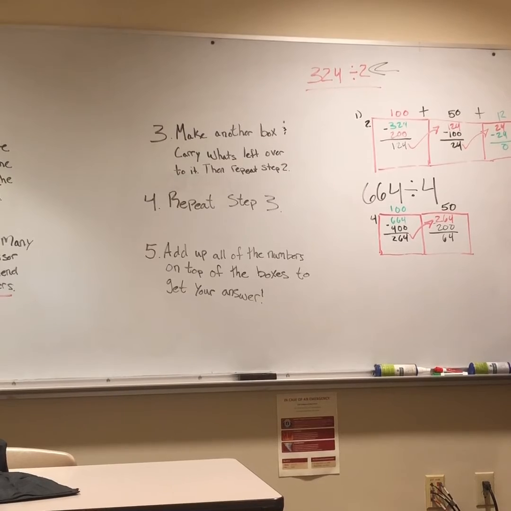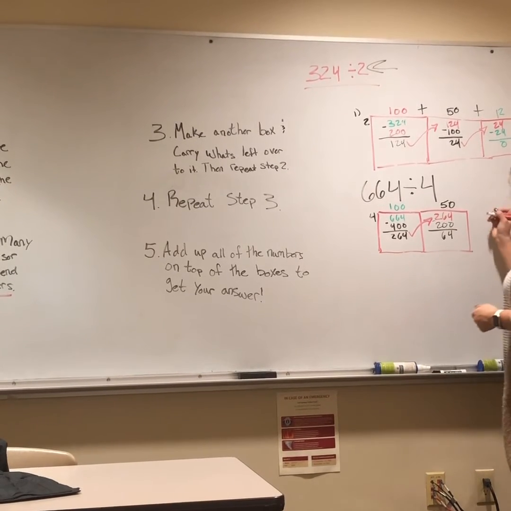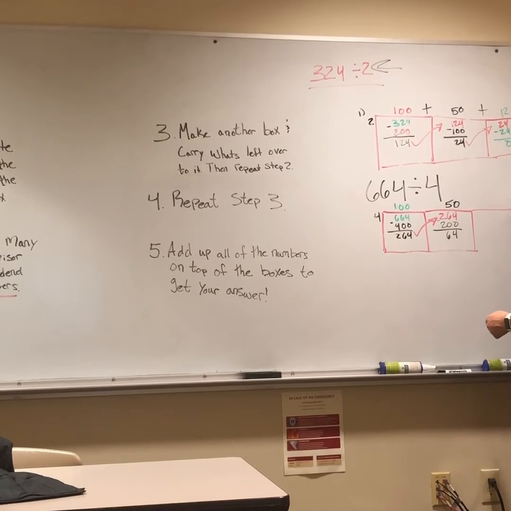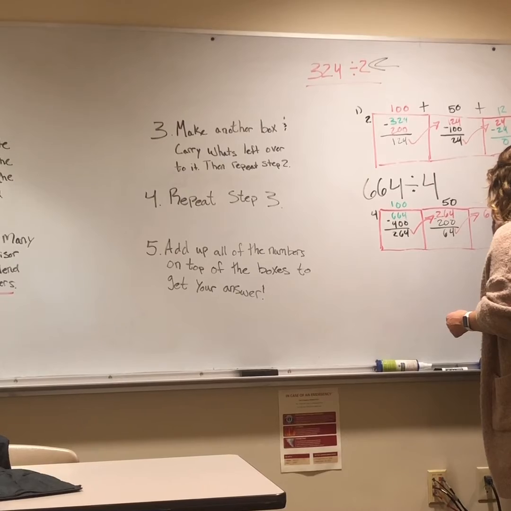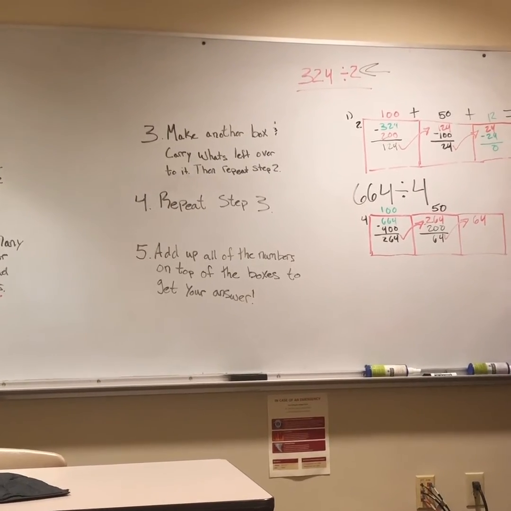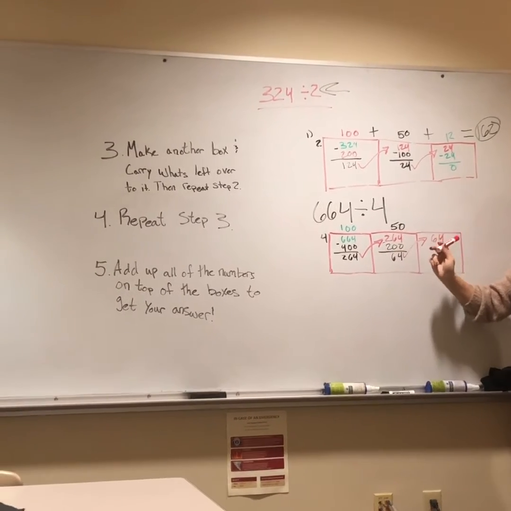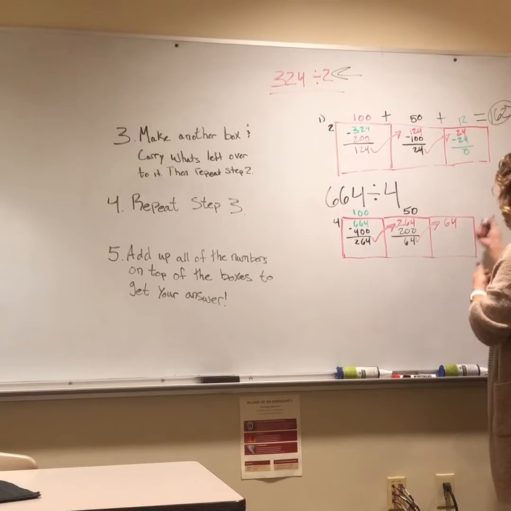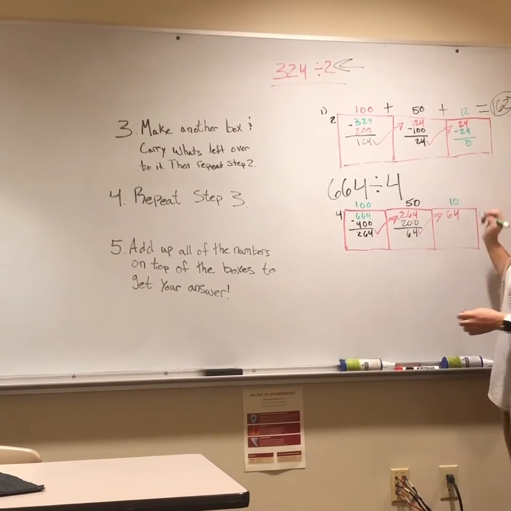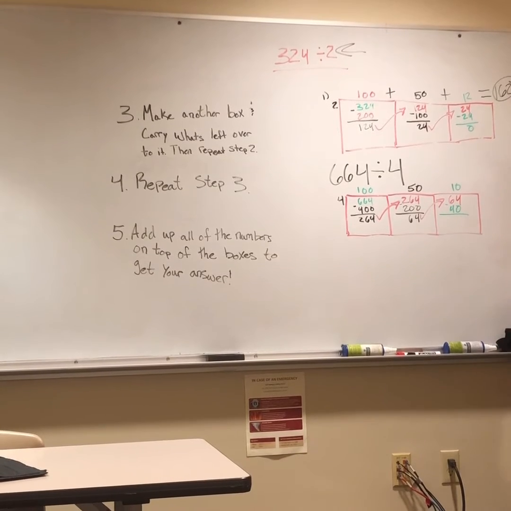And then you're going to repeat step 3, making another box, carrying that 64 up, and then coming up with a number for how many times 4 goes into 64, which let's just use 10. So then 10 times 4 is 40, just to make that number a little bit simpler.